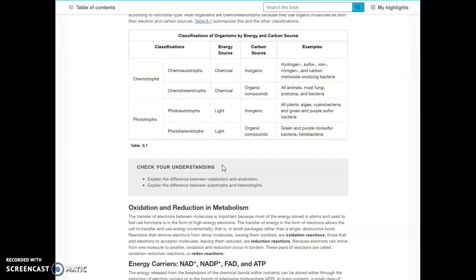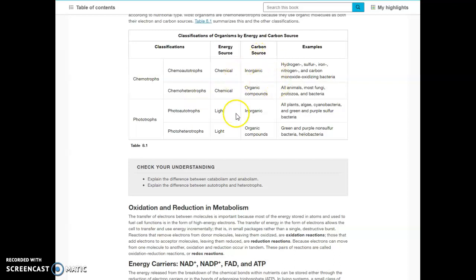So chemo referring to chemical, where they're going to get their energy source. Photo means light, so the energy source is coming from sunlight. Auto and hetero here, auto means it's self-made, and then hetero means that it relies on others.